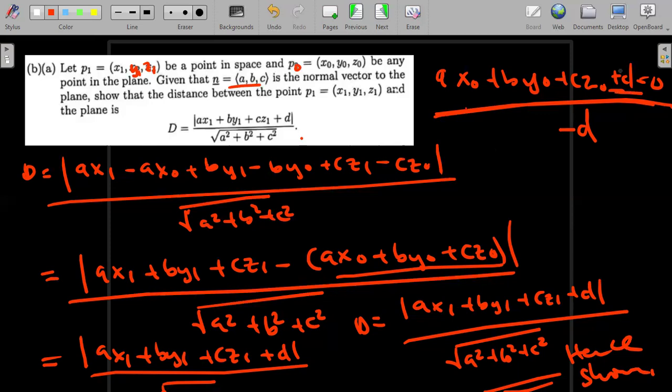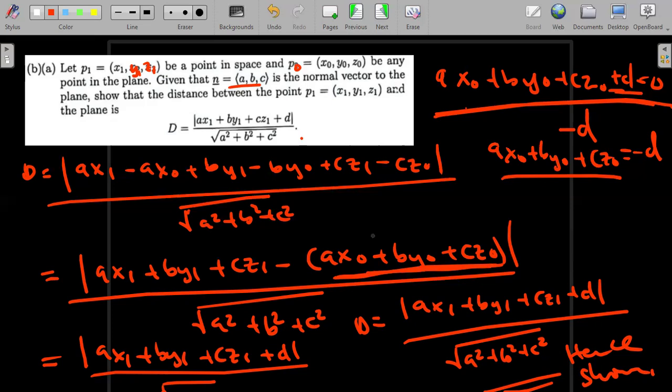So when we move this constant to the other side, the equation is going to be ax naught plus by naught plus cz naught equal to negative d. Now we have this part here, and we can observe that it's equal to this other part here. They are the same.